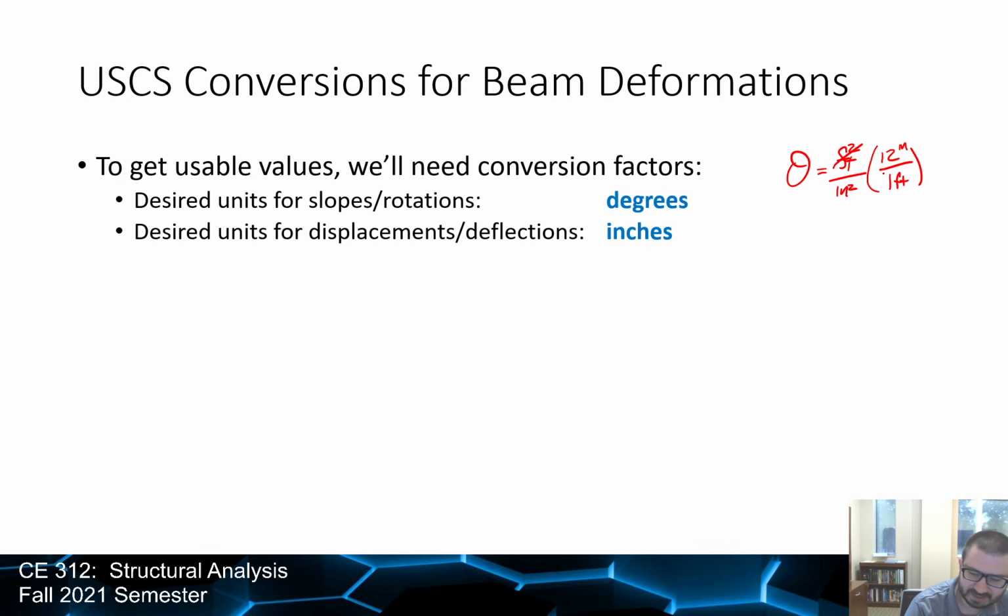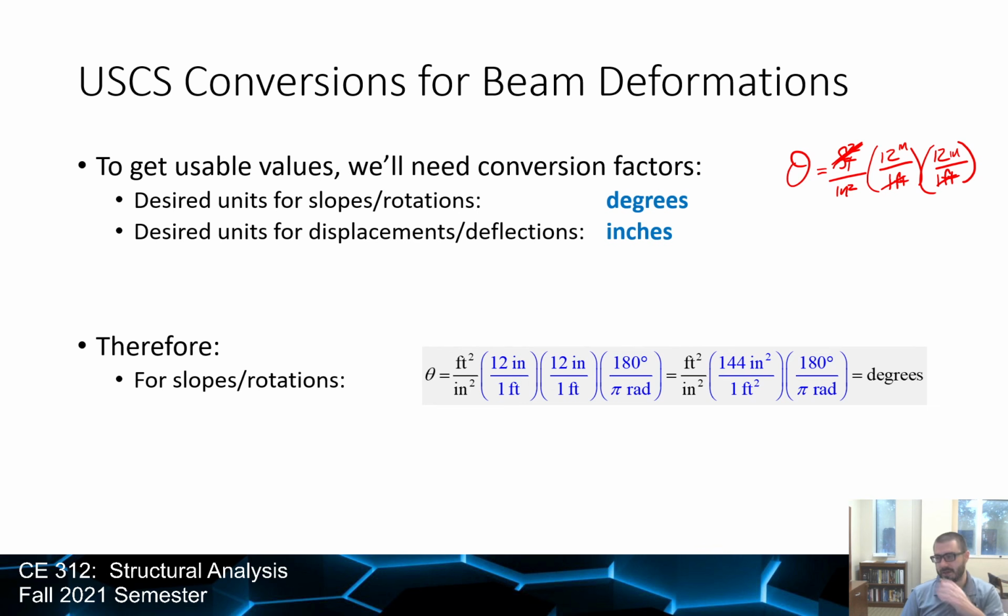And so that cancels one of these, but then we have to do it again, right? To cancel the other foot. So now we have inches squared over inches squared, and now if all we did was stop right there, that would give us radians, right? But I want degrees, and so there's 180 degrees in pi radians. So if I take this and multiply it by 180, that'll give me my conversion.